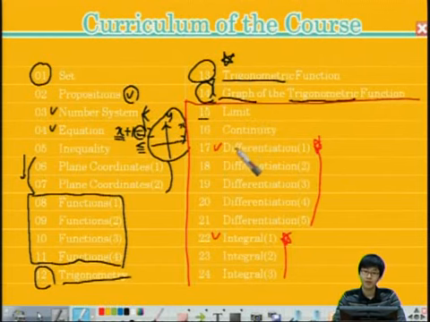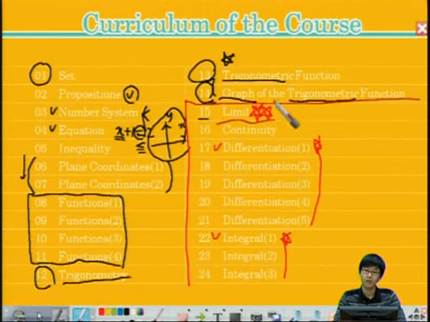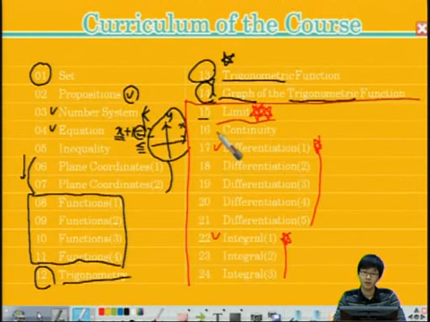And to understand this differentiation, limit is very important. This 15, if you understand this well, then these on the last things will be easy for you. But if you don't understand this well, then this will be like a hell.